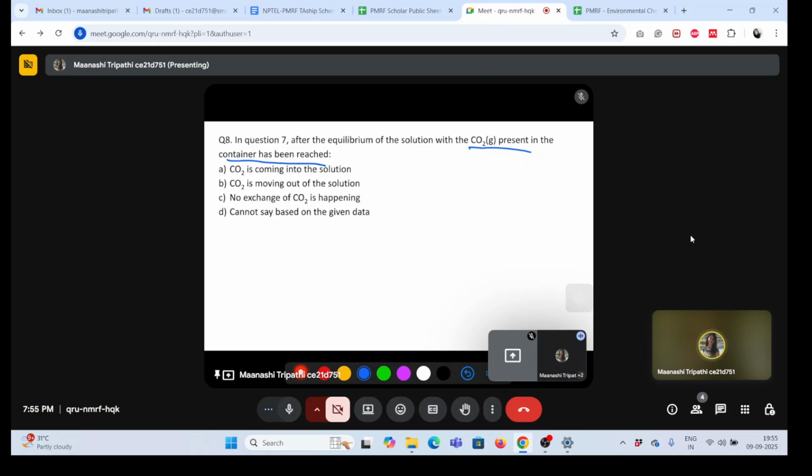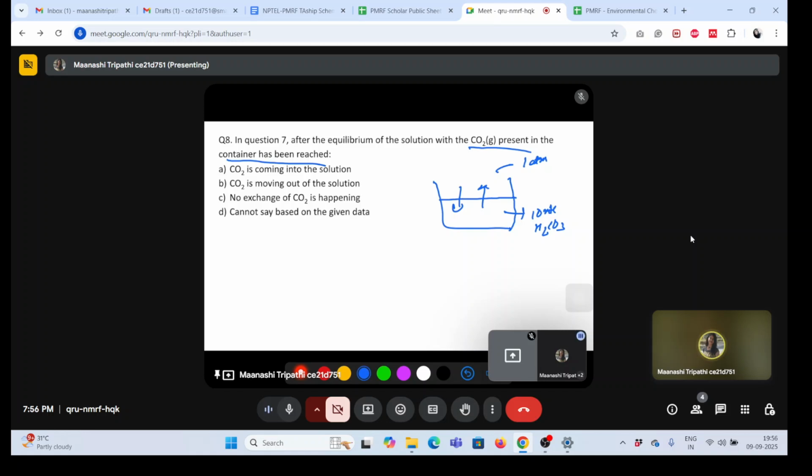There will be two pH values given, of the atmosphere and the solution, and they will ask a very simple question: a container is there and a solution is there, with some partial pressure, 1 atm, let's say. And here we have something of 10 millimolar of maybe H2CO3. So gas will be coming in or it will be going out. This kind of question may be asked in the examination, very simple.